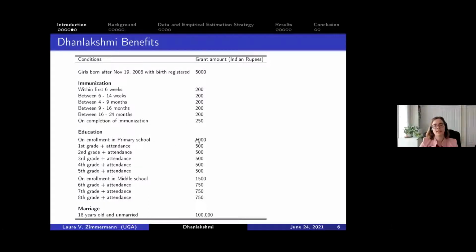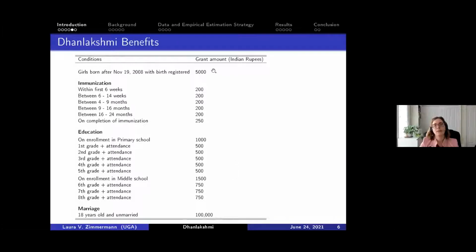And then there are payouts every year as long as the girl continues going to school and advances in grades, and then that final big payout of 100,000 rupees at the end at age 18 if she's still unmarried. Now, if you think about magnitudes here, think of 100,000 rupees as being roughly like $1,000, so a sizable payout here for poor families in India.